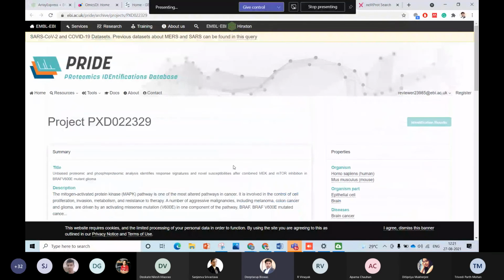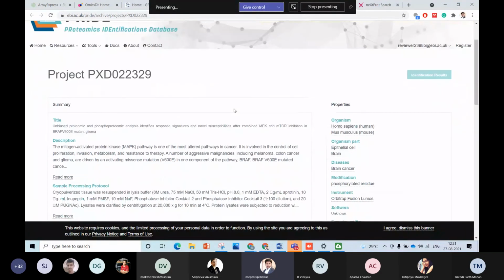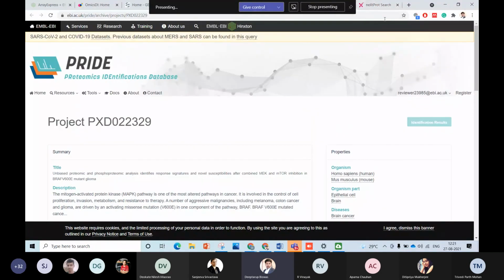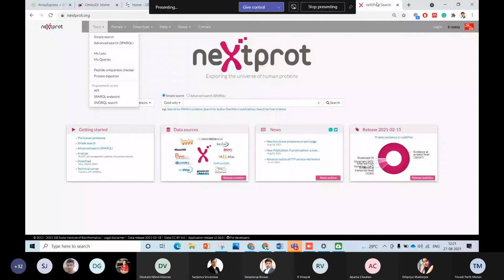If you don't have any data set, but still want to do some project or run some analysis, this is one of the most important repositories which you can search into. So now I will go to Nextprot.